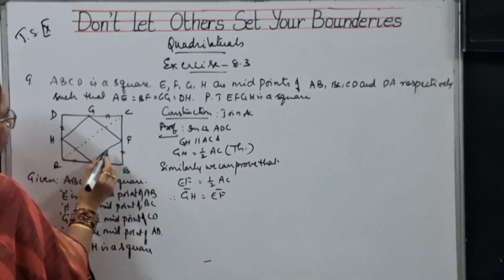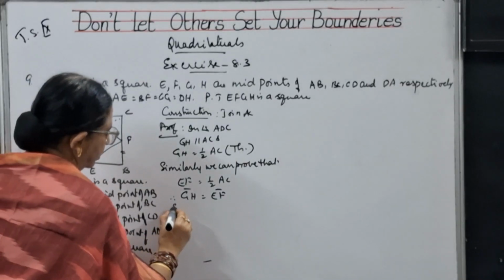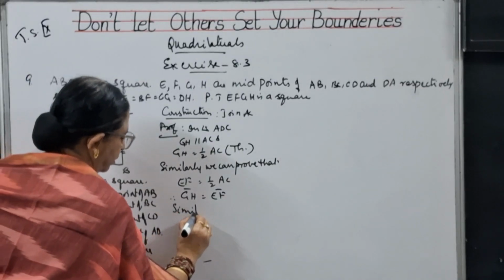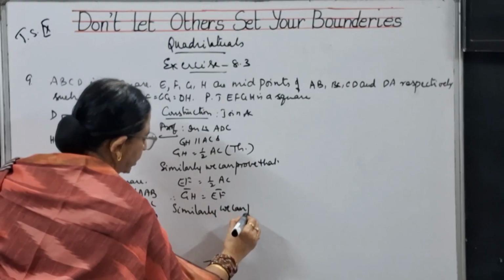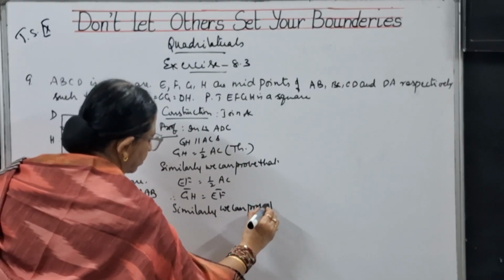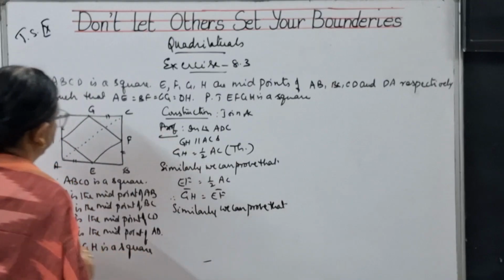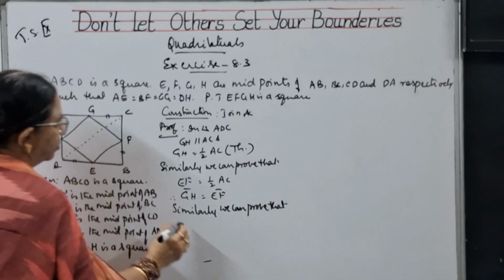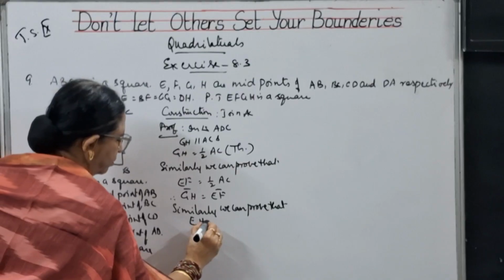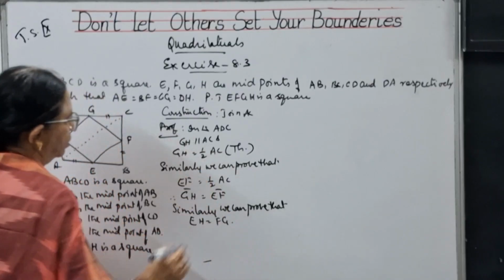We can say that GH and EF are same. Then, in the same way, we can prove that EH is equal to FG.